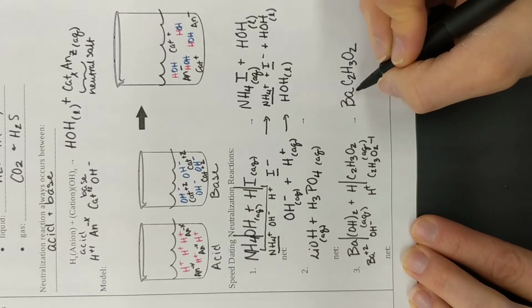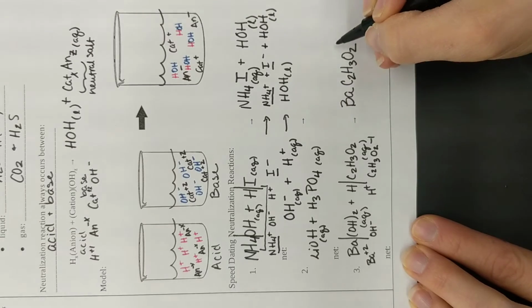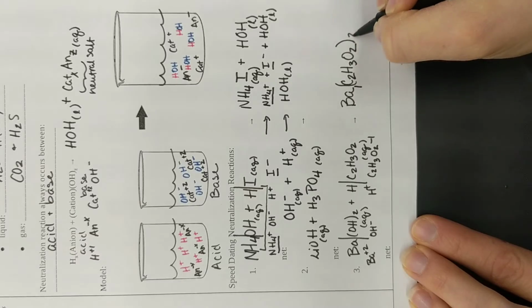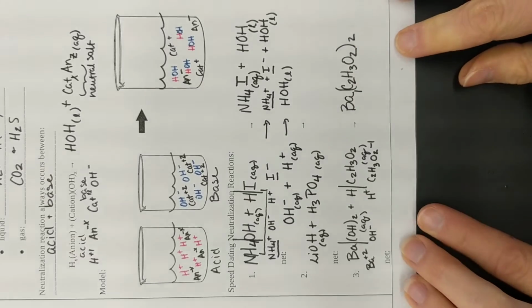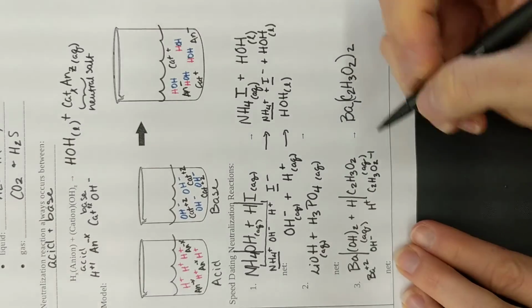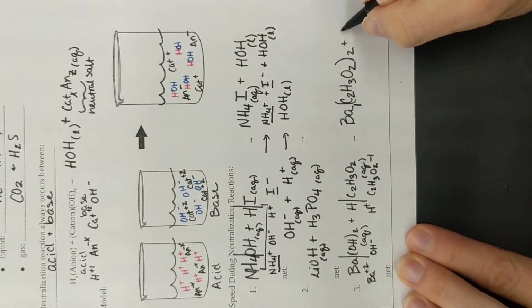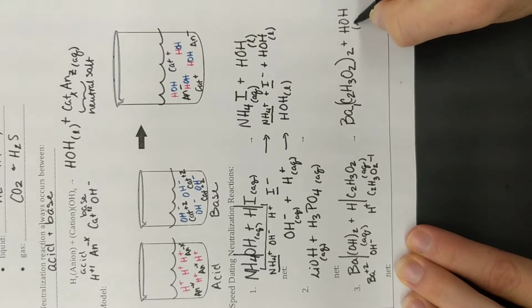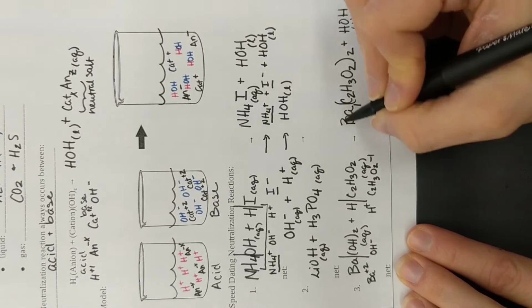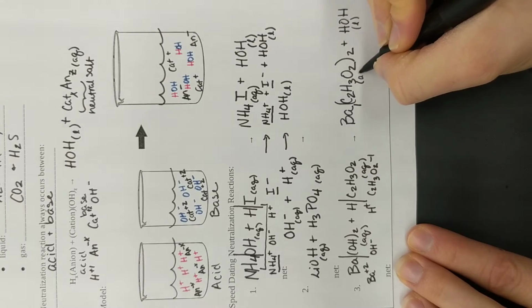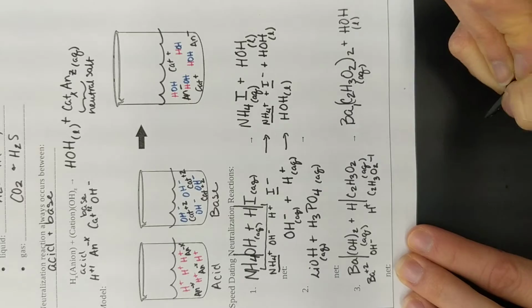So +2 -1, when I cross and smush, 2, 1 becomes 1 and 2. And then my hydrogen is a +1 and hydroxide is a -1. We're going to put our cation before anion, and again, there's our water. So there's my liquid. When I look up acetate, barium is not on that list, so we're going to say that's aqueous.